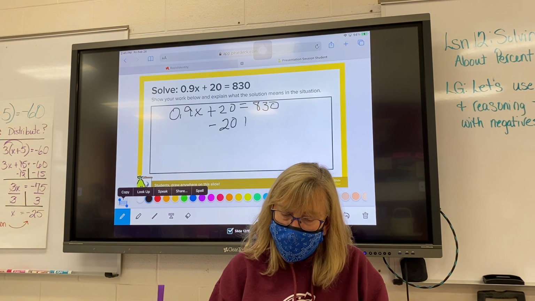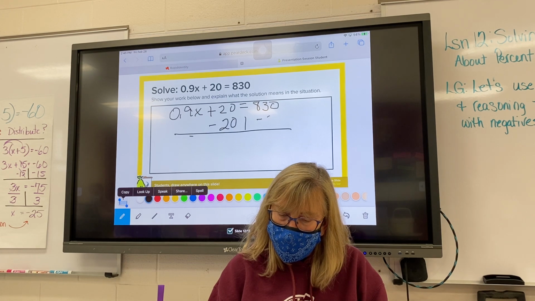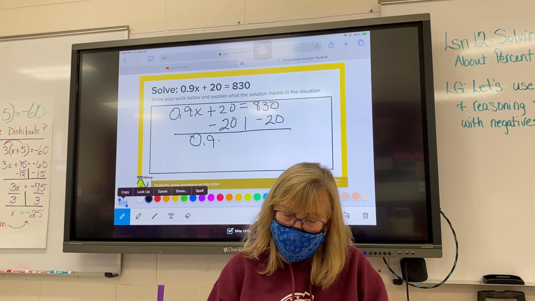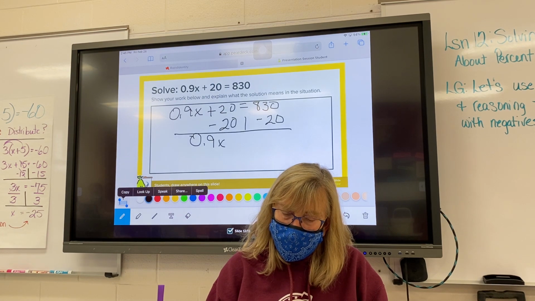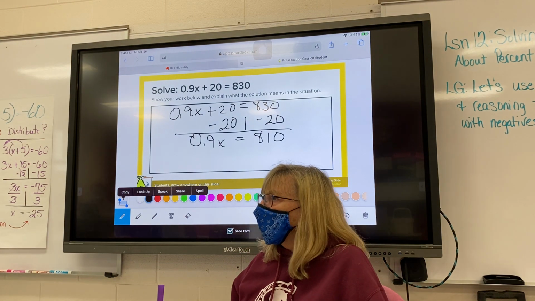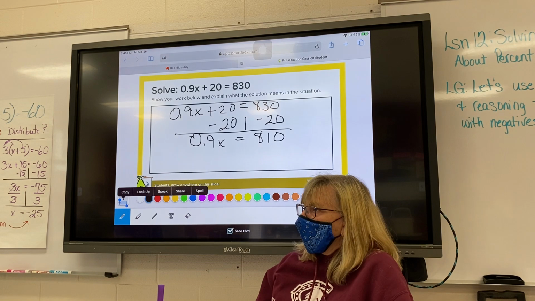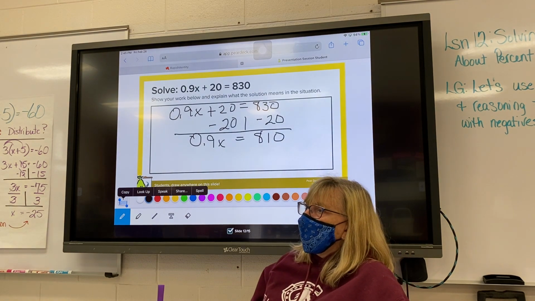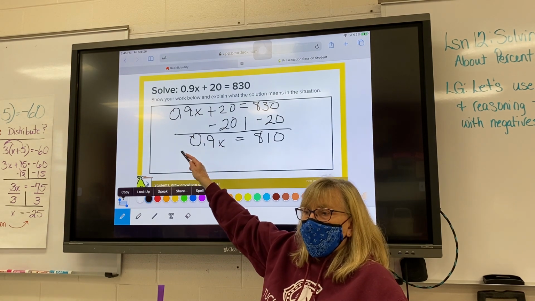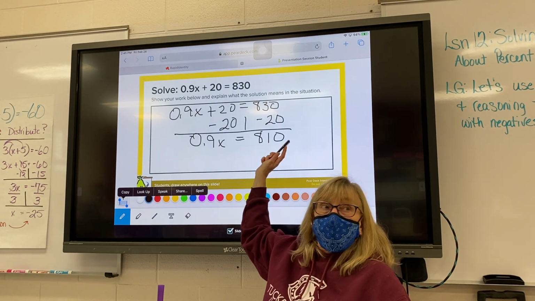Rebecca, why did you subtract 20 first? Because they added 20. Okay, so what were you trying to do when you subtracted that 20? Algebraically, what were you trying to do to the equation? Were you trying to get the variables on one side and the constants on the other side?